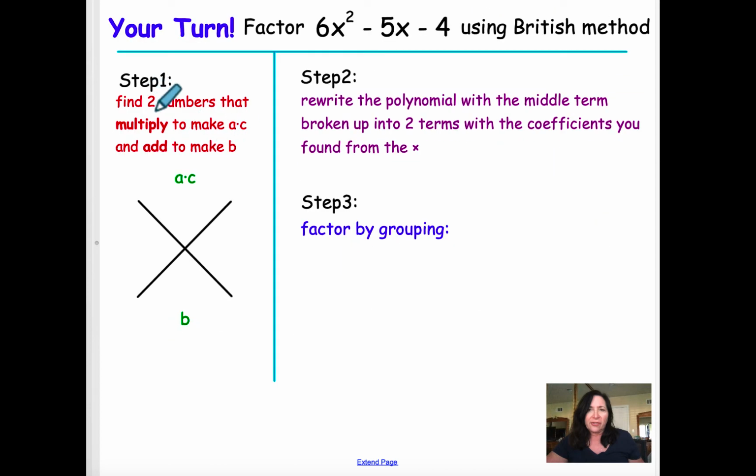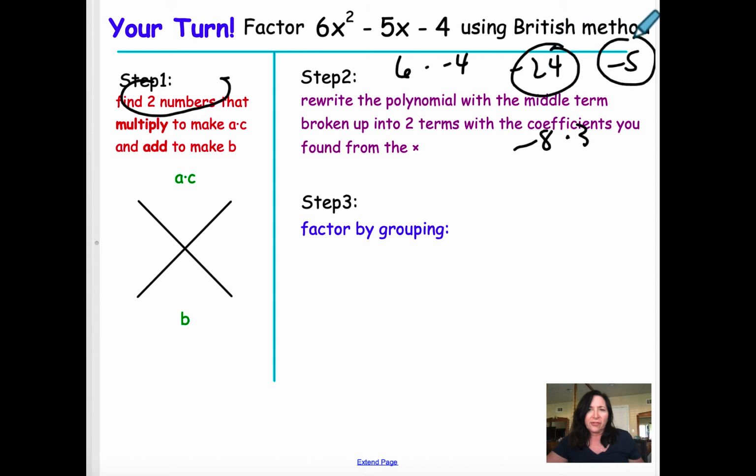Let's do it again. Again, you've got to find two numbers that multiply to be a times c. So a is 6 and c is negative 4, so that's negative 24. But they have to add up to be negative 5. So for me, I'm thinking negative 8 times 3 multiplies to be negative 24 but adds up to be negative 5.